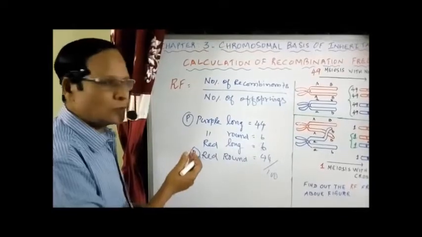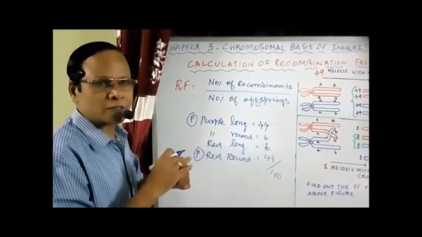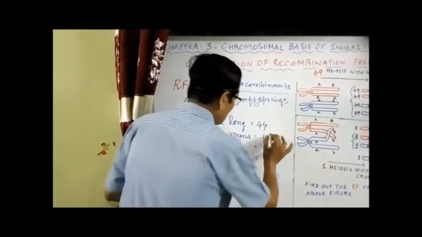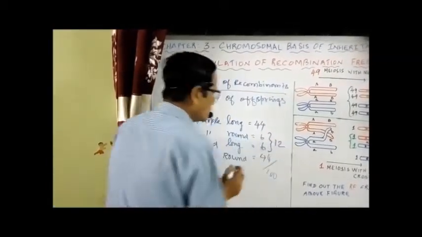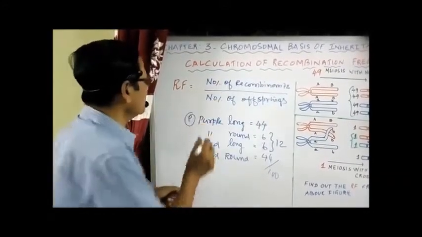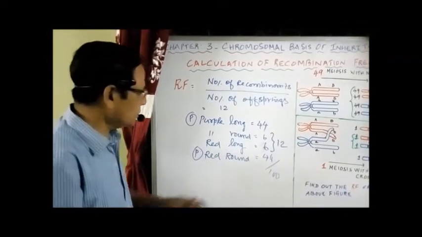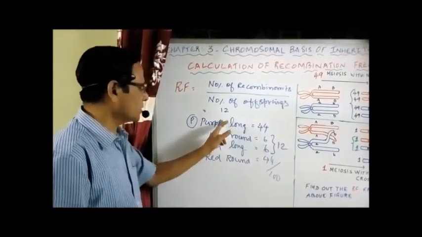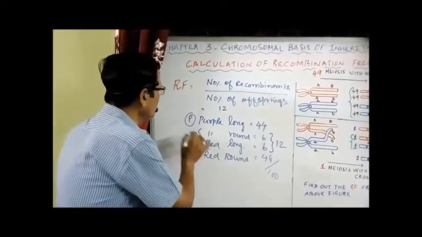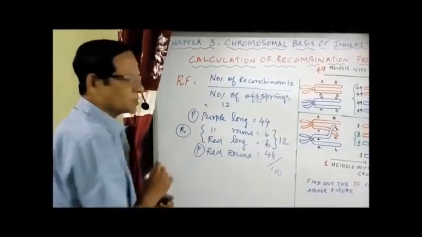The remaining two are the recombinants that were formed just because of the crossing over. So the total number of recombinants is 12. These are the new varieties. These two are the parental combinations and these two are the recombinants.